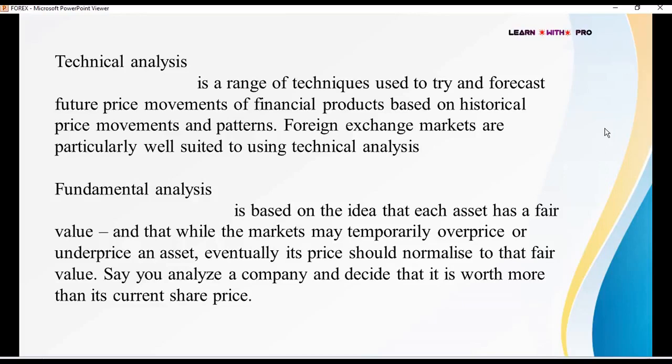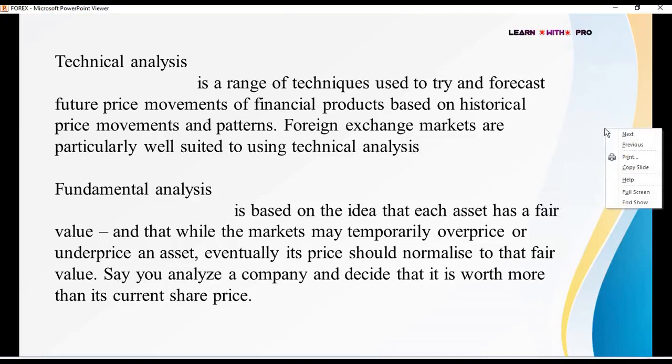But technical analysis will just show you whether this product will be going up or going down by using our techniques, maybe candlestick patterns, price action patterns, harmonic patterns. They have different forms, and also indicators, maybe moving average. You have many types of indicators in the market.